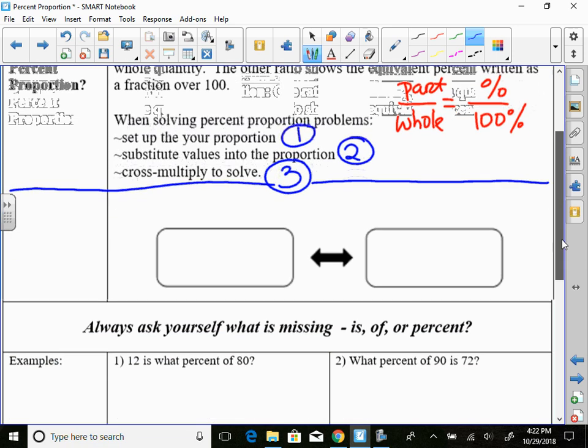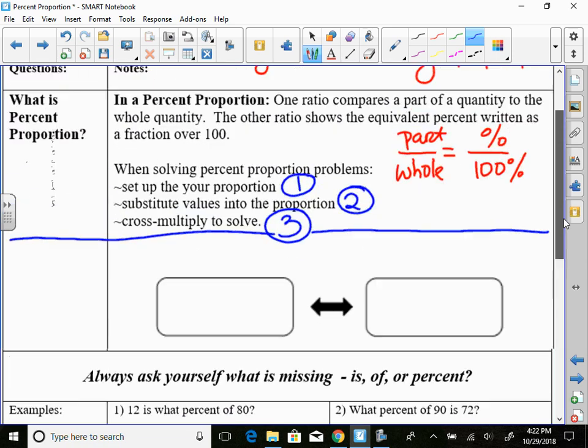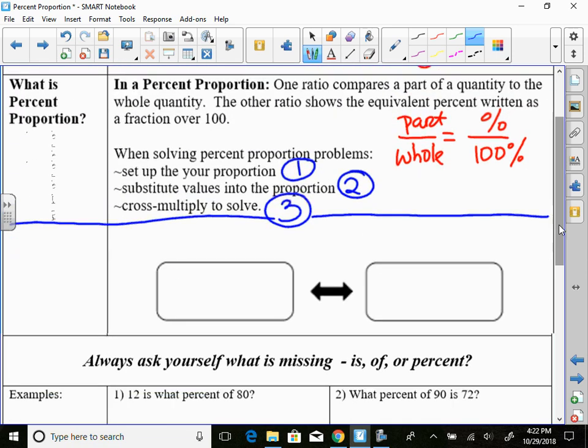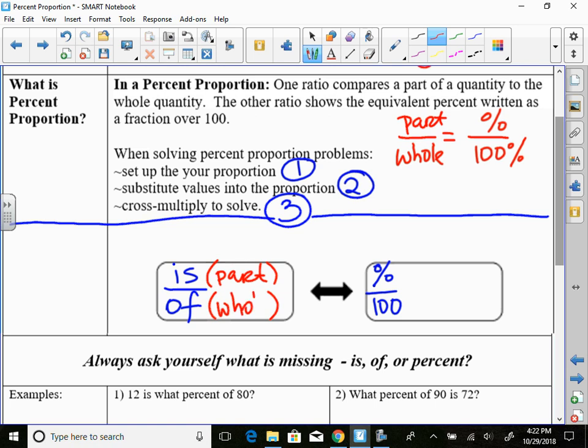All right. So the general form of percent proportion, we call it is over of equals percent over 100, where is represents a part, of represents a whole number.